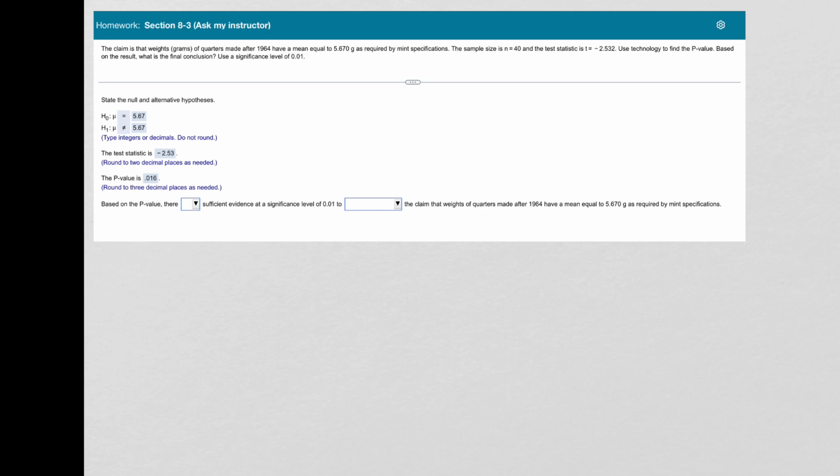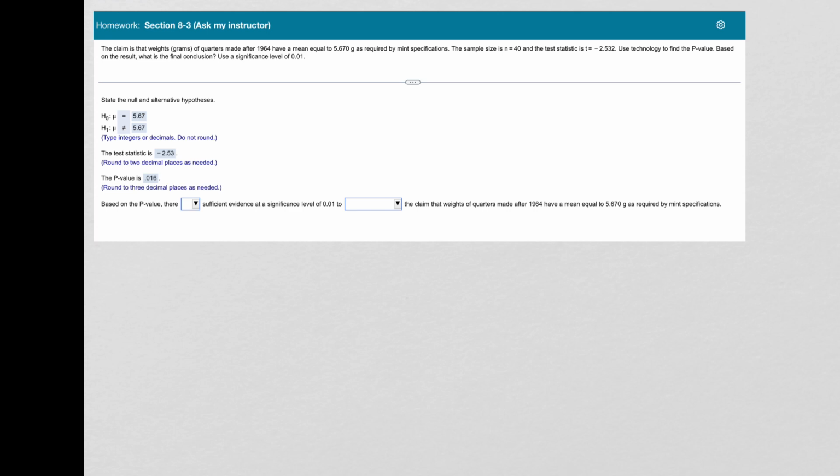Okay, so we got 0.016 for our p-value. And then in the end it says, based on the p-value, there is or is not sufficient evidence at a significance level of 0.01 to warrant rejection of the claim or support the claim.